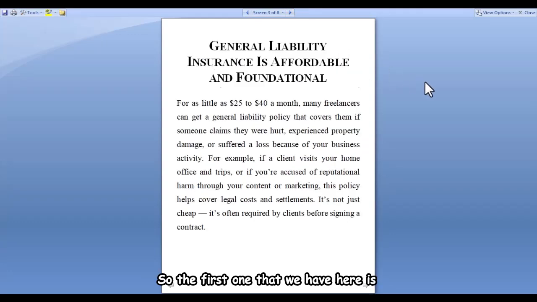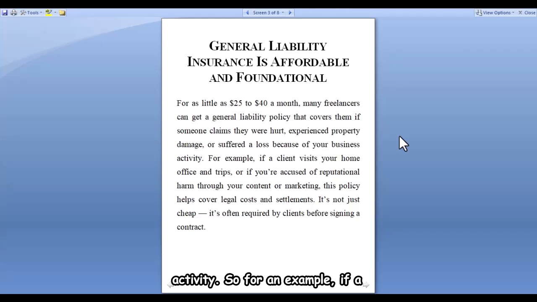So the first one I have here is that general liability insurance is affordable and foundational. For as little as $25 to $40 a month, many freelancers can get a general liability policy that covers them if someone claims they were hurt, experienced property damage, or suffered a loss because of your business activity.